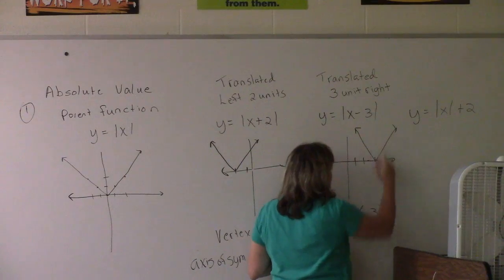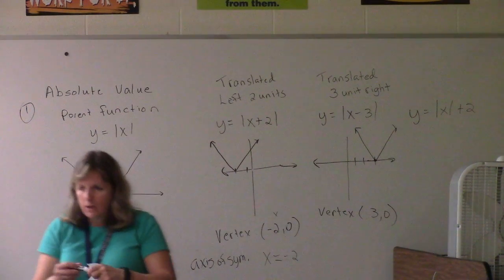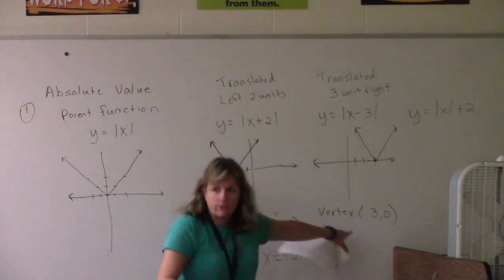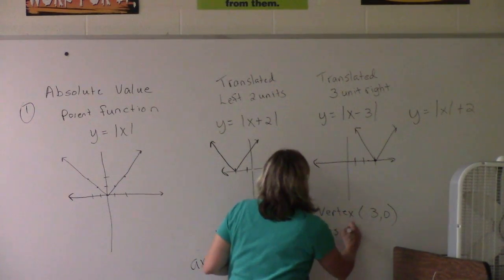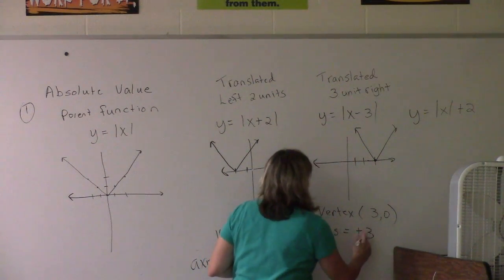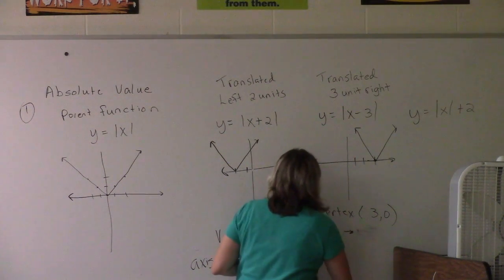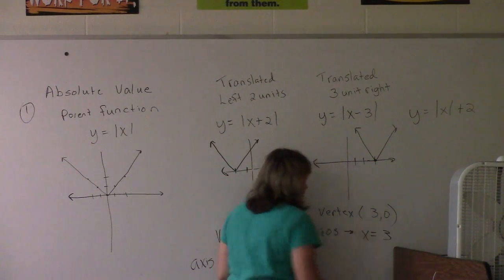And then I didn't go up or down, so that's going to be 0. The axis of symmetry is going to be actually +3. So your AOS is going to be +3. X equals 3.